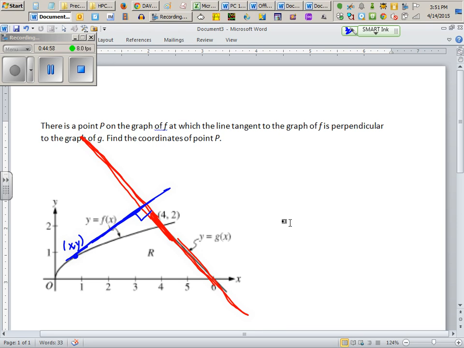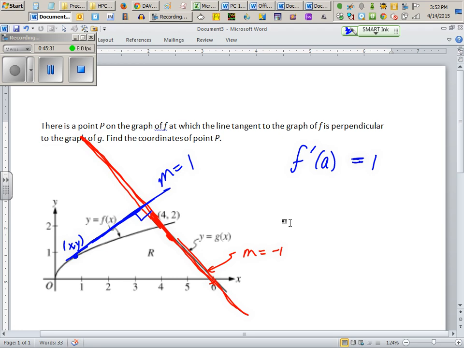Okay, so if two lines are perpendicular, then we know that their slopes are what? Opposite reciprocals. So we already know that this line has slope -1. It basically goes down 2, right, 2. Okay, which means we're wanting our blue line to have a slope of 1, right? We want the opposite reciprocal. But it's the slope of a tangent line. So we want f prime of something to be 1.